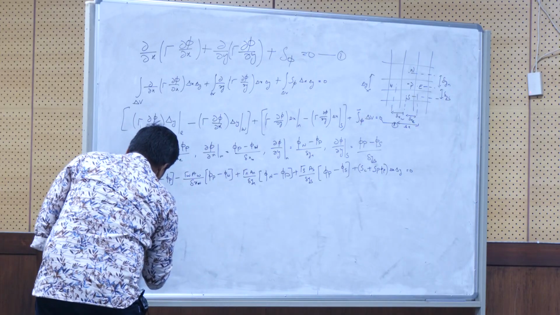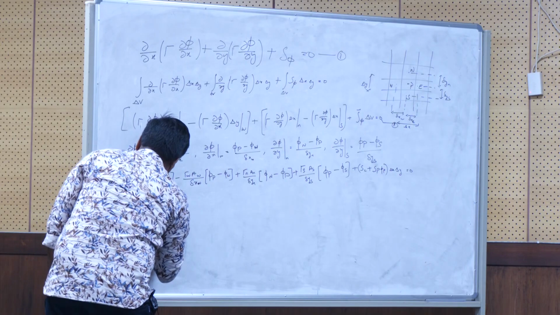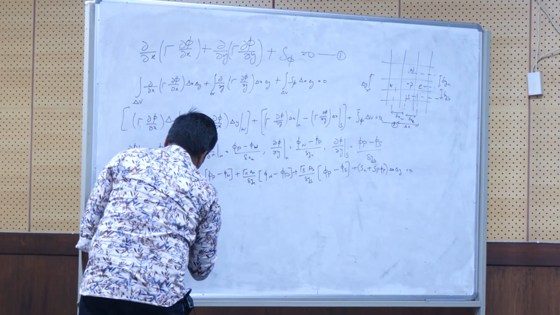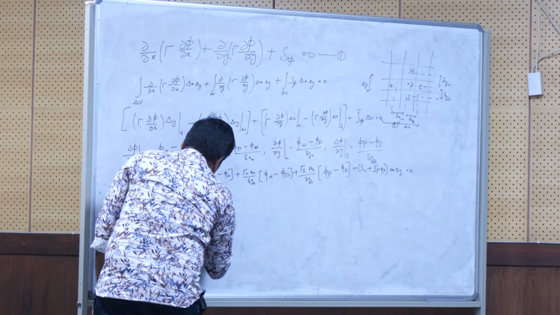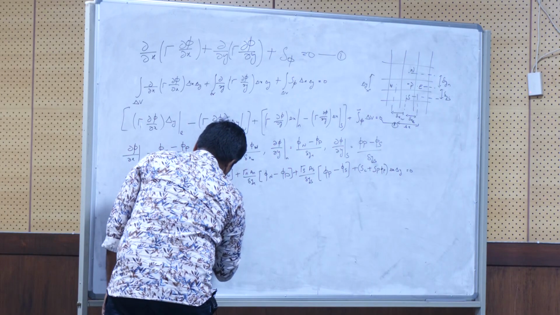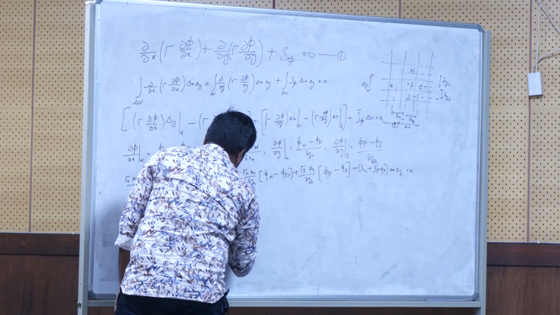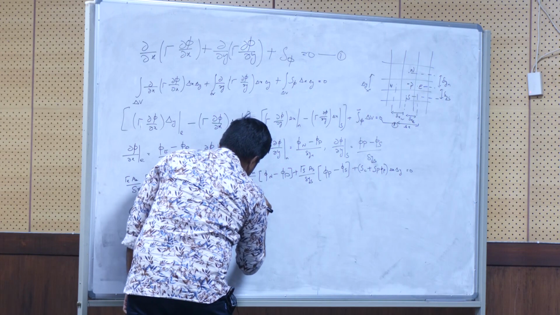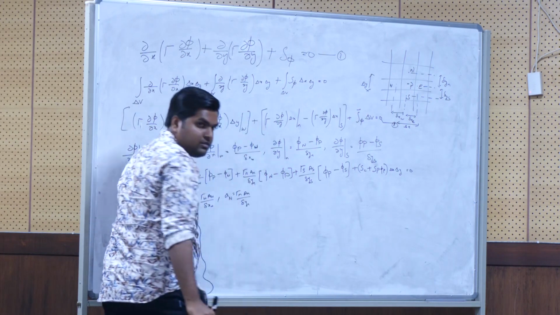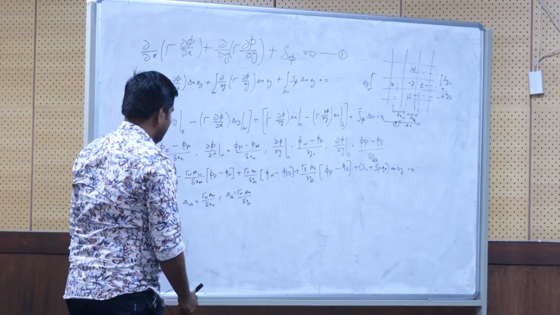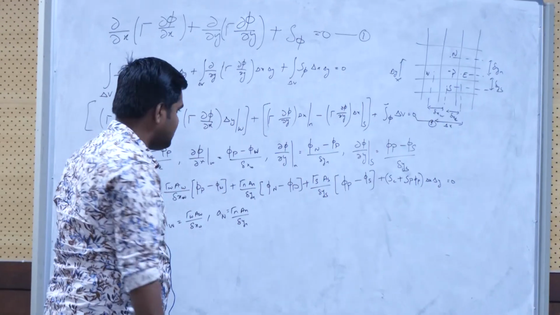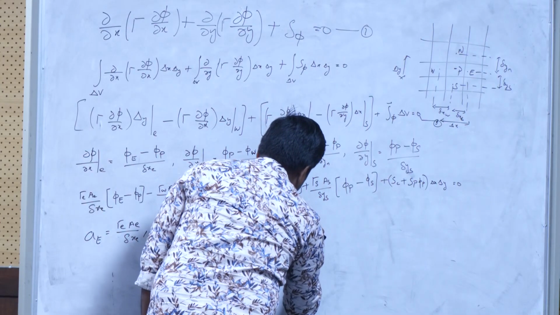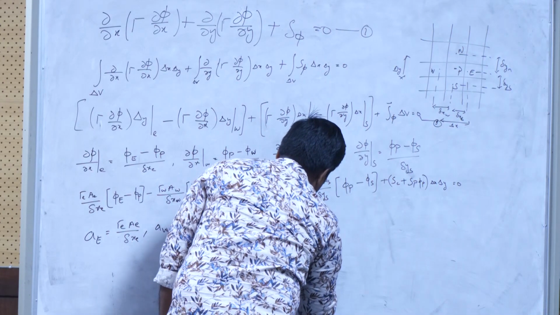I give the values: ae equal to lambda e ae by del x e, aw equal to lambda w aw by del x w, an equal to lambda n an by del y n, and as equal to lambda s as by del y s.